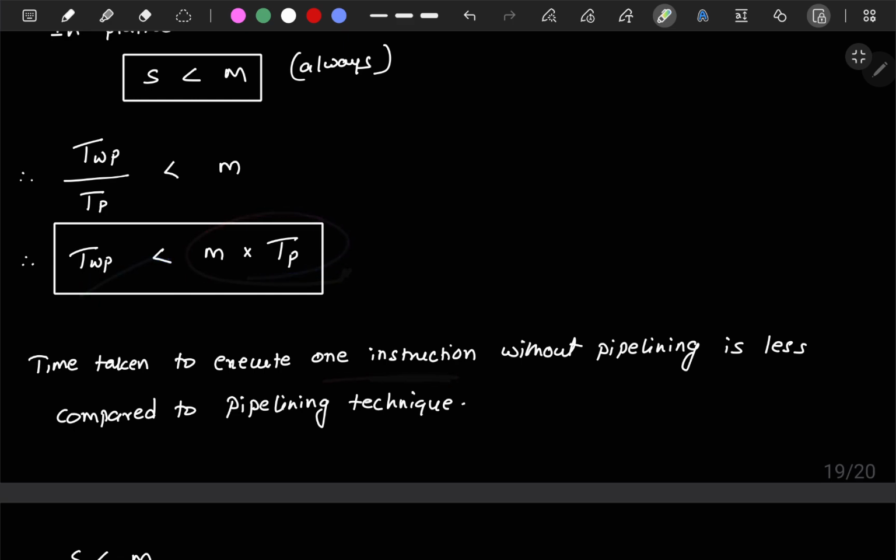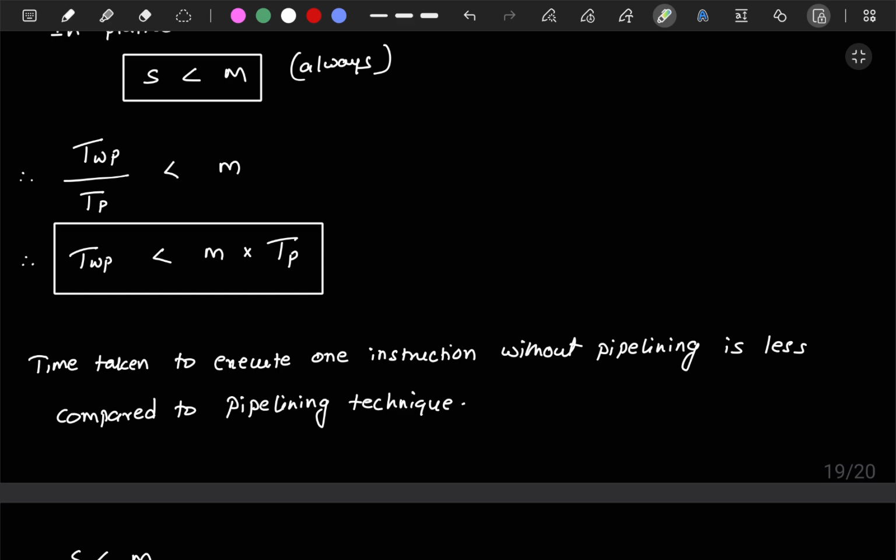This is very important, please mark it. So for a single instruction, this is the thing. When you try to execute more and more instructions, pipelining will execute in a parallel processing way, and then the efficiency will be more.